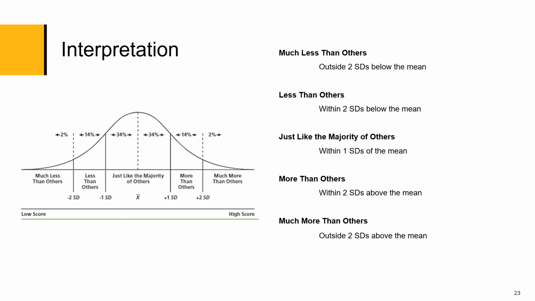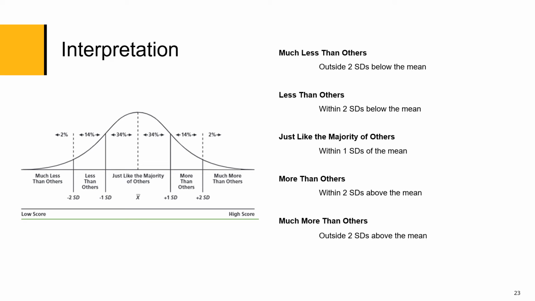So you can see here that the scores will sit within the bell curve. You have just like the majority of others being the mean, and the other scores will sit somewhere along that bell curve. Much less than others will sit outside 2 standard deviations below the mean.